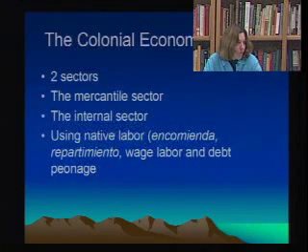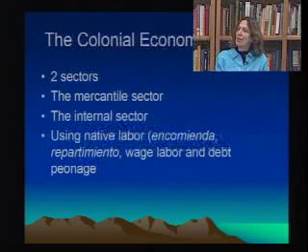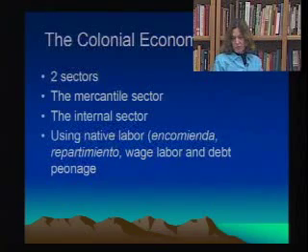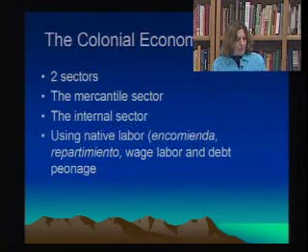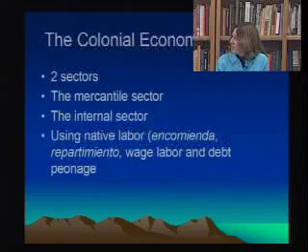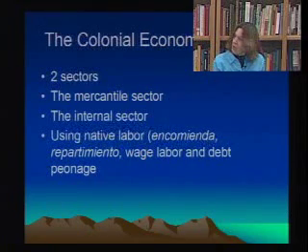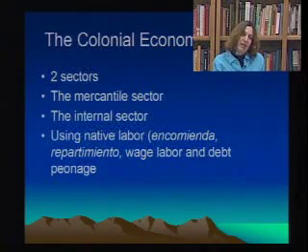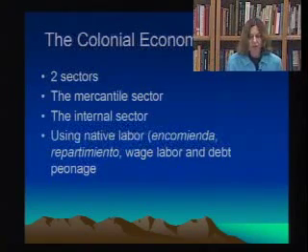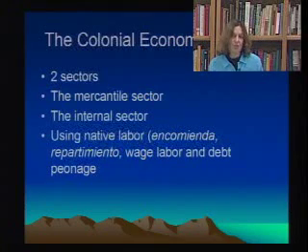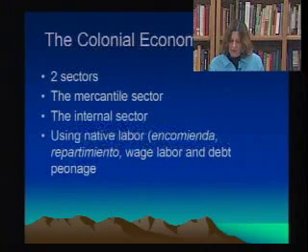And what I really want to emphasize here is the idea that the colonial economy was divided into two sectors. And this is on the outline. There is a mercantile sector, or a mercantile economy, and then there is an internal sector or internal economy. And we can also think of the mercantile sector as the external economy. So there's a mercantile or external economy, and there's an internal economy.